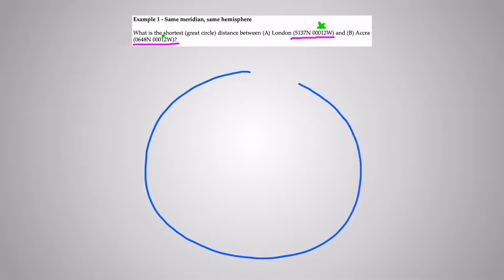Just by looking at this question, I can see that both of these coordinates are lying on the same longitude, which is 0 degrees 12 minutes west, and it is the same over here also. So let's go ahead and plot these 2 points. Let's plot the 0 degrees 12 minutes meridian. This will be the North Pole, which is 90 degrees north.